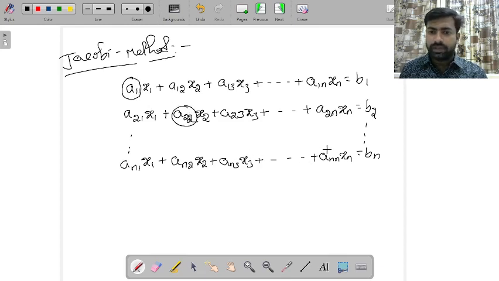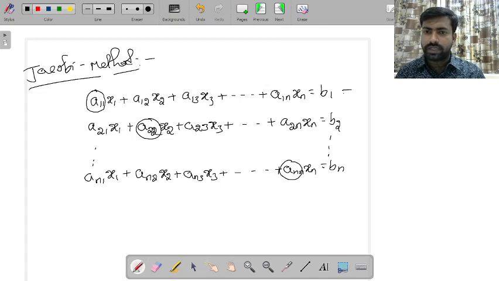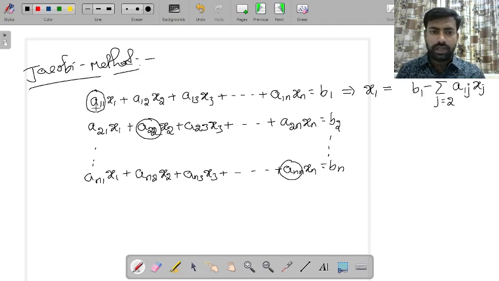Now, from the first equation, you write x1: you keep x1 on one side and send the rest to the other side. So x1 equals 1 by a11 into b1 minus the summation of a1j xj, where j is from 2 to n. This is x1 from the first equation.